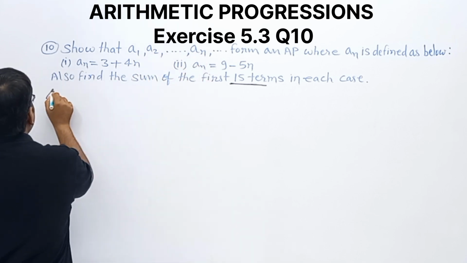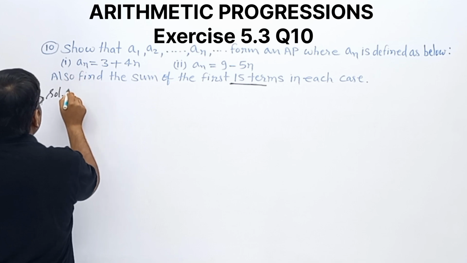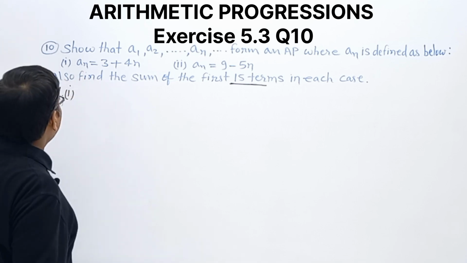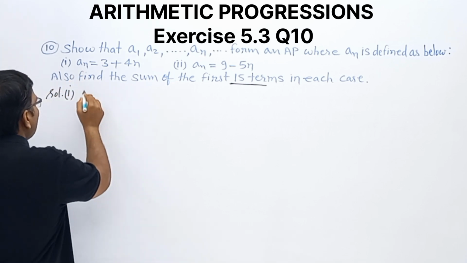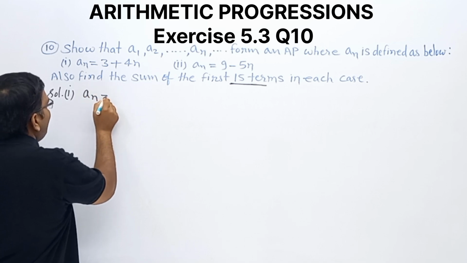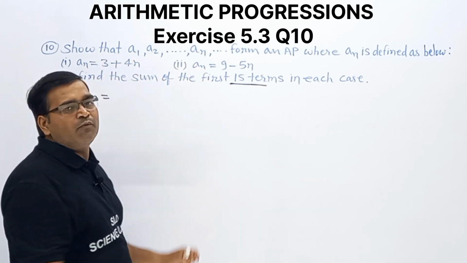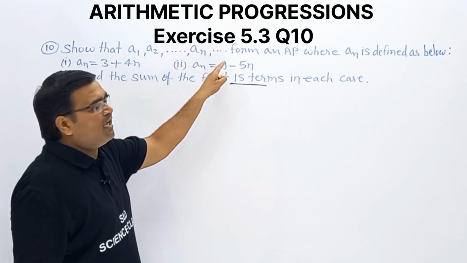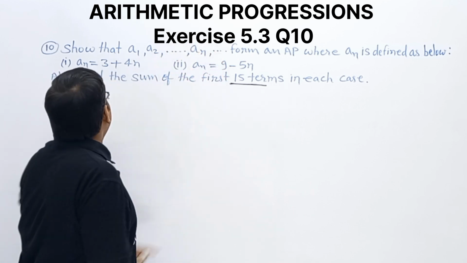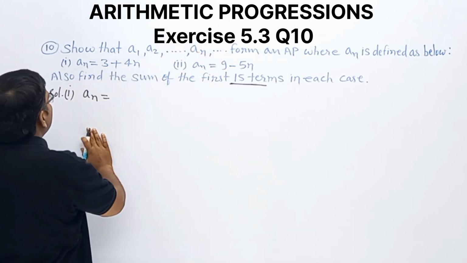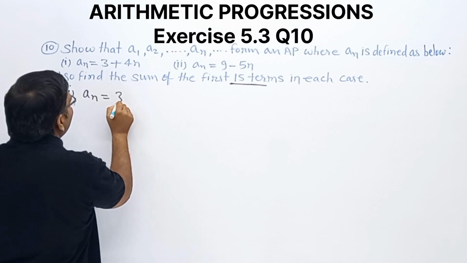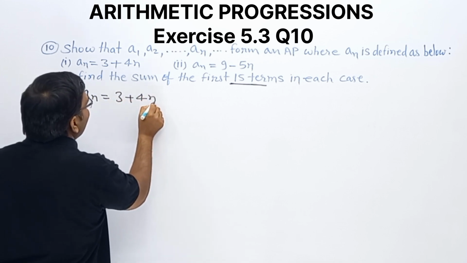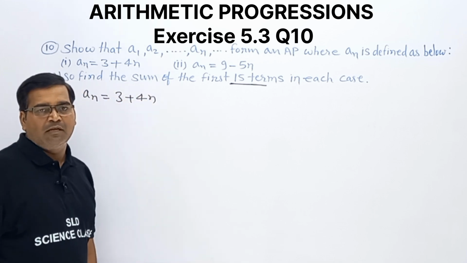First I am taking the first one, in which we are having the nth term. We are having one AP, A1, A2, A3, A4 up to AN, and AN is given in the first question: AN equals 3 plus 4n. This is the value of AN.